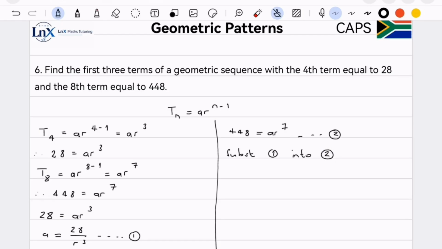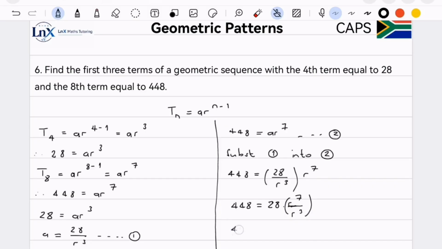So we're going to have 448, and then our A would be 28 divided by R^3 multiplied by R^7, right? So 448 equals, this is the same as 28 R^7 divided by R^3, right?